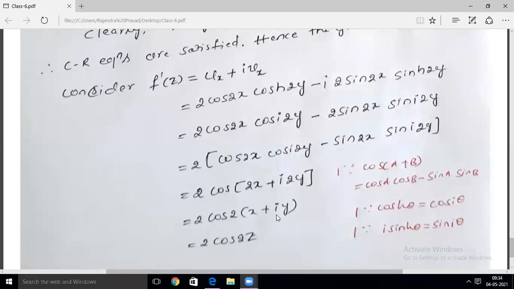We know x plus iy is equal to z, so the answer is 2 cos 2z.